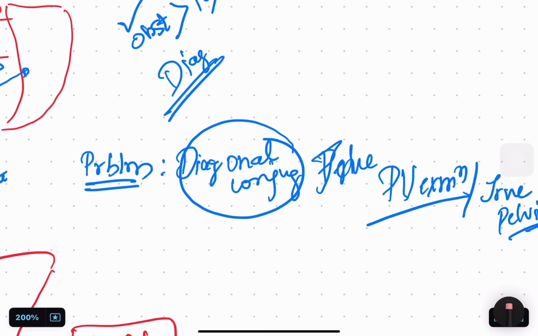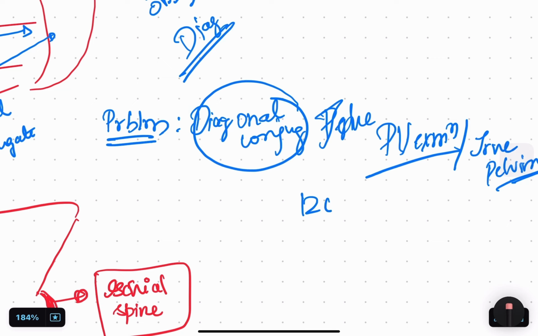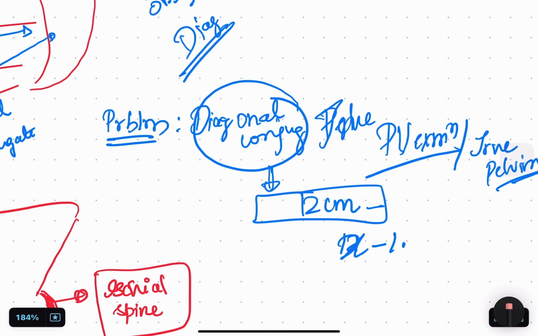So the normal expected value is 12 centimeters. This is the normal diagonal conjugate. The only thing I need you all to remember is 12, that is, x minus 1.5 centimeter is your obstetrical conjugate.